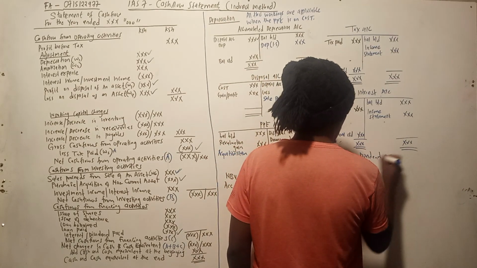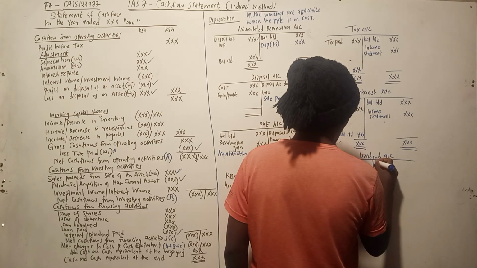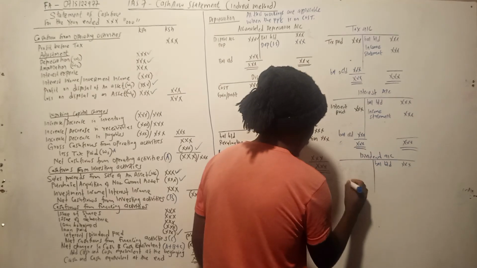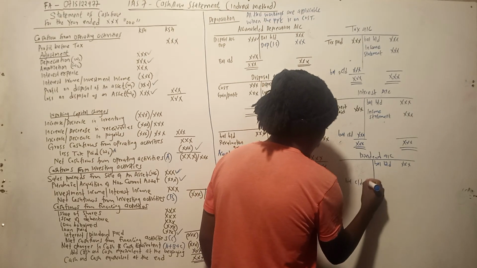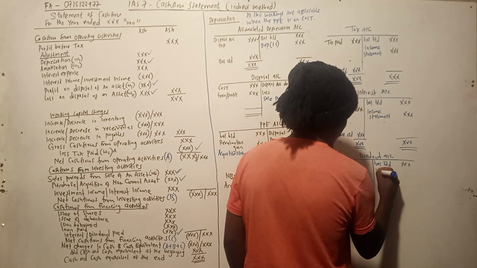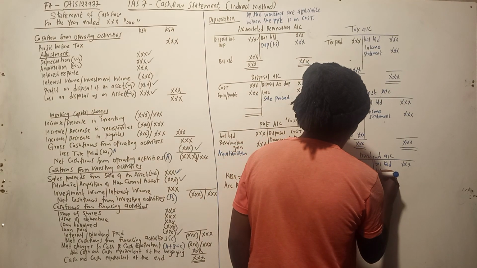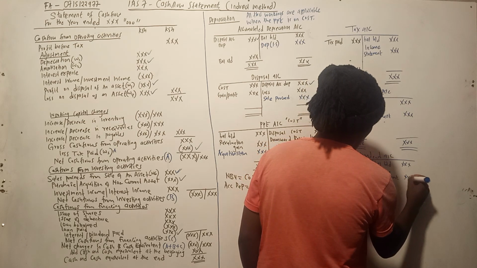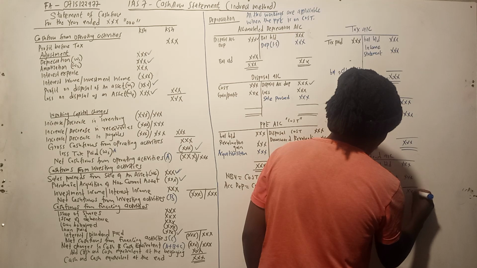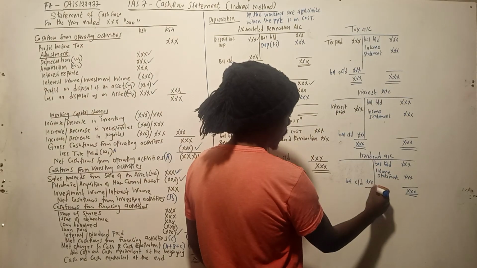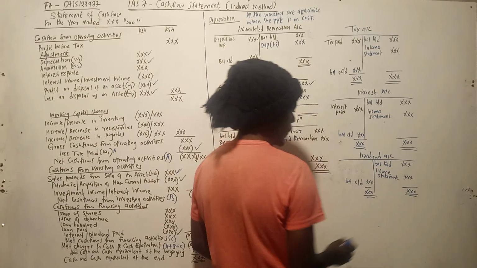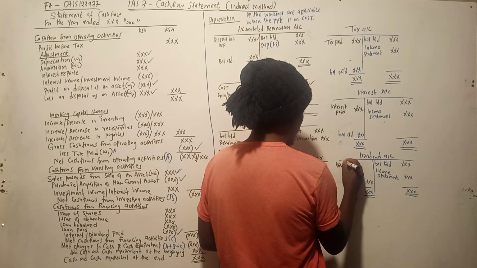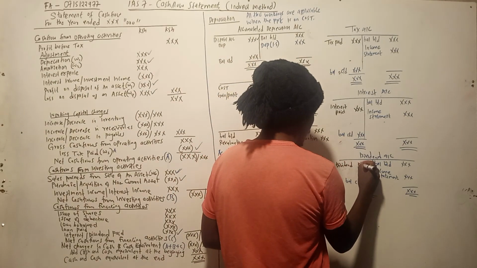Dividend account, balance brought down. Then you have the balance carried down. Then you have the income statement. Then we balance the account. So the balancing figure itakuwa on this side, so unasema dividend paid.